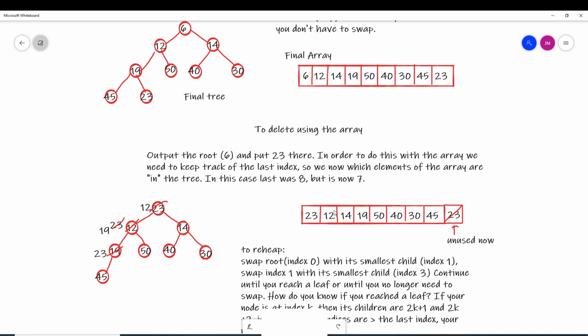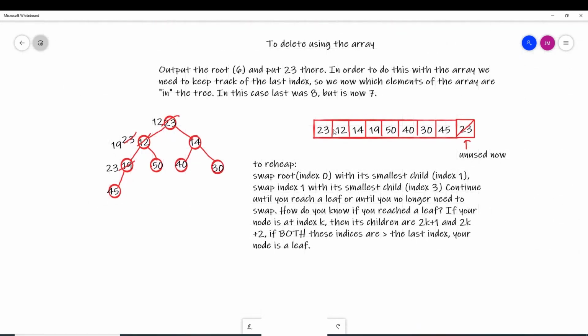And then I continue. So here from my array, this is index 1, so its children are 2 times 1 plus 1, which is 3, and 2 times 1 plus 2, which is 4. So 3 and 4, 0, 1, 2, 3, and 4, 19 and 50. I pick the smallest, and I have to swap.